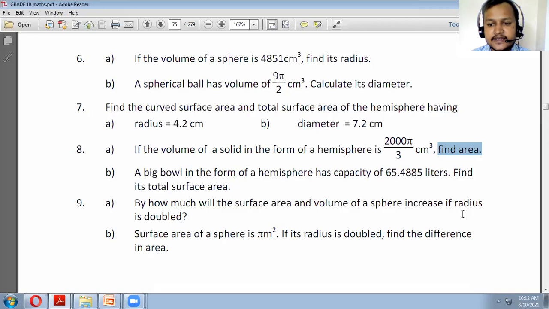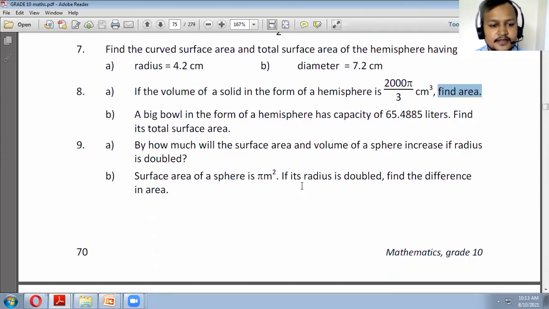If it is said to find area only, area मात्रै भनेको छ भने हामीले total surface area find out गर्ने हो. If it is said to find out curved surface area or total surface area, then the question becomes very clear. Without any confusion, we can use the formula of curved surface area and total surface area. But if it is said find the area, then in this case, we have to find out the total surface area.